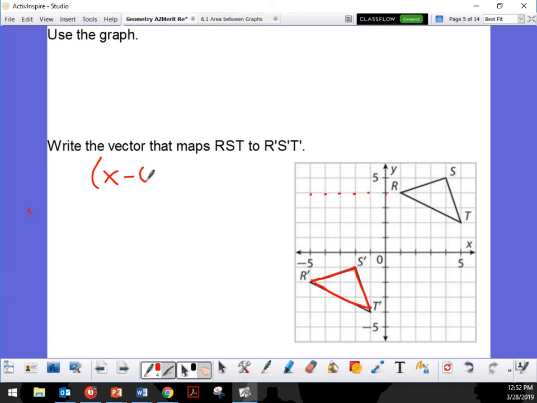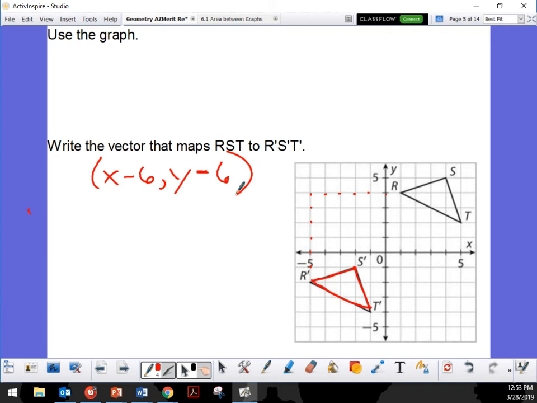There we go. All right, now y. Is it going up or down? Down. It's going down, isn't it? So it's y minus. Let's see. 1, 2, 3, 4, 5, 6. All right. That is the coordinate notation.